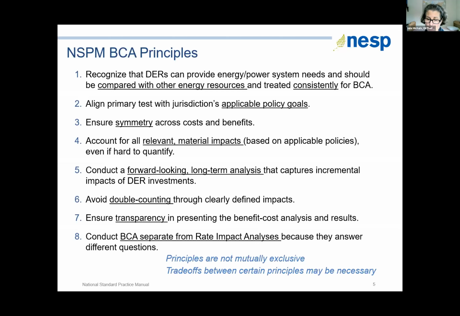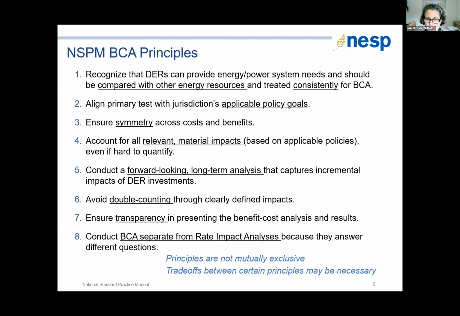That may come up in some cases for DER BCA analysis. And then transparency is really about the process for ensuring that the analysis results and the key assumptions are clear, and through state agency processes, dockets or proceedings, whatnot, that they're made available, and that the underlying methodologies for accounting for these are also transparent.